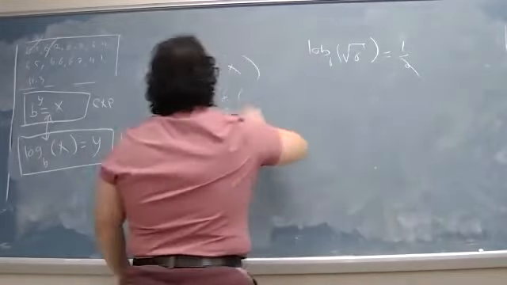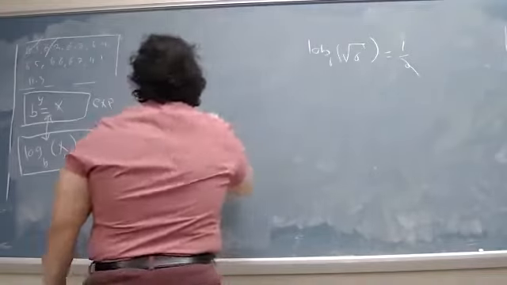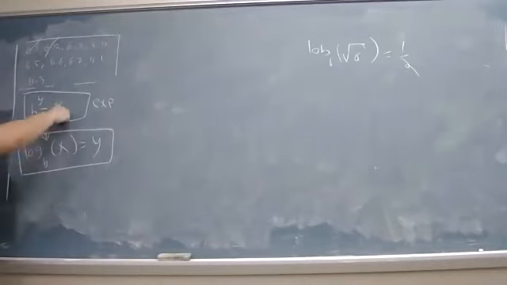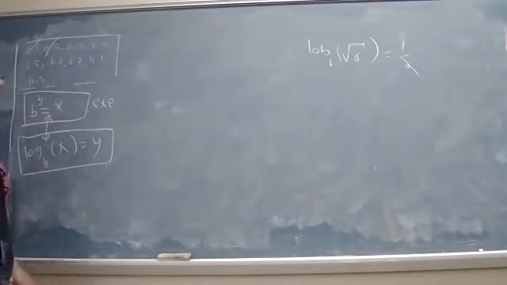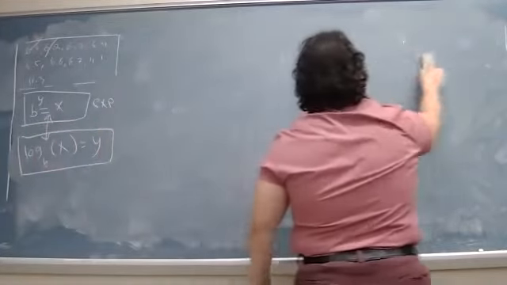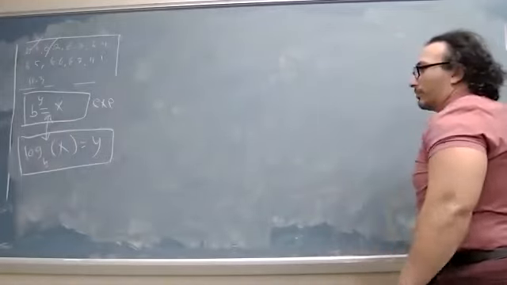I've not told you how to undo a log, and this is how you undo a log. I showed you how to go from exponential to logarithmic. How do we go from logarithmic to exponential? Before we can even do this problem, let me erase it. I haven't shown you how to travel back. I showed you how to get there, but I didn't show you how to go back home.